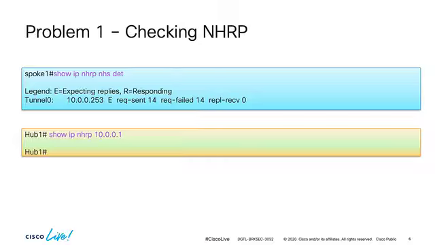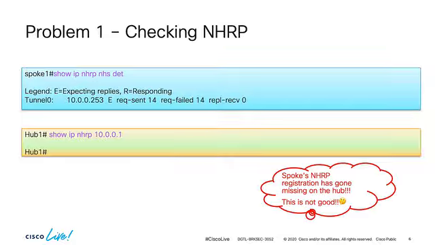As far as the information that we see on the spoke, we are seeing registration requests being sent. So what we want to do at this point is figure out where exactly these registration request packets are being lost.